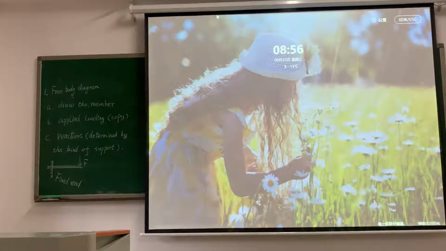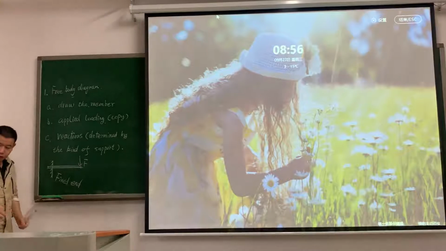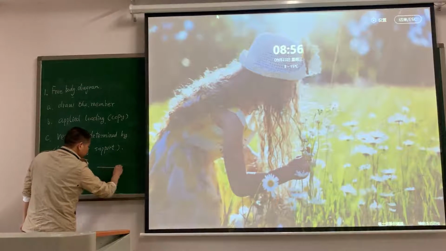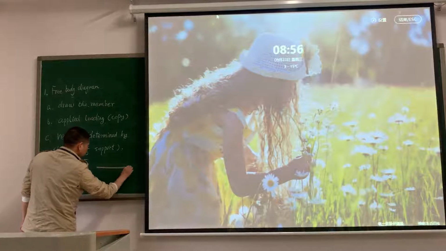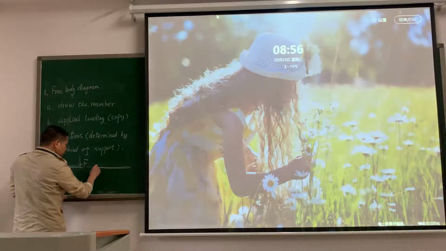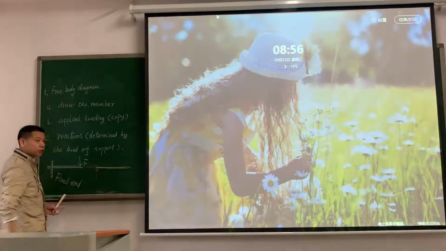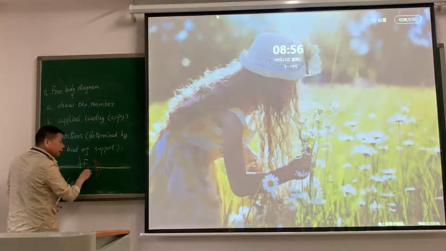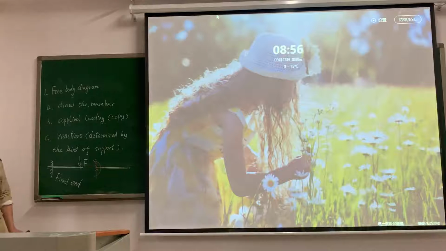Yes or no? It can't rotate. So there are three reactions, in this way. Force and moment, and there are three reactions. Understand? Copy it.